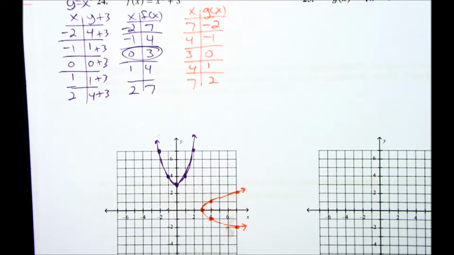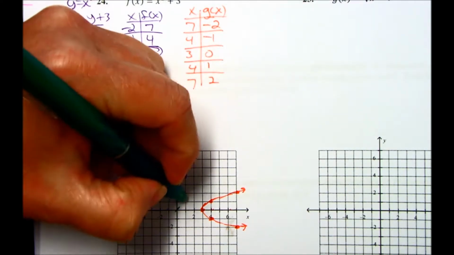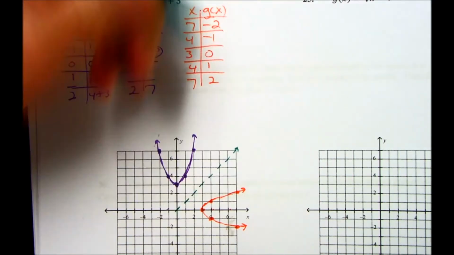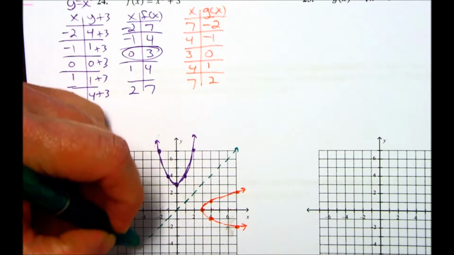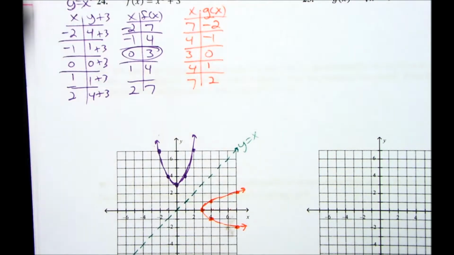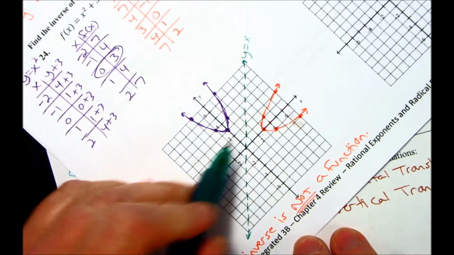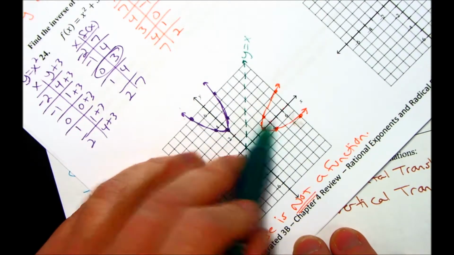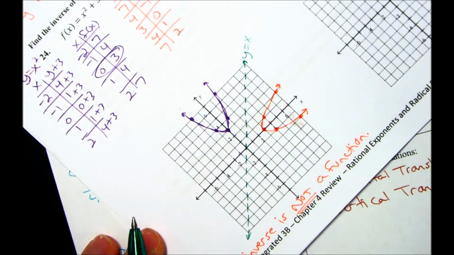And as I always like to show, the line of reflection for all inverse functions is the line y equals x. If we look at this graph, you can see that these are symmetrical, or they would be mirror images of each other across that line y equals x.